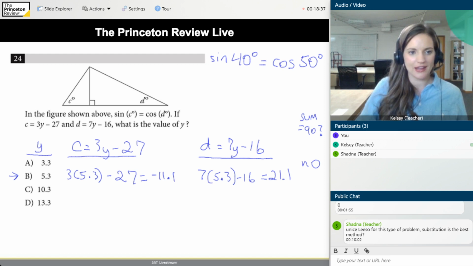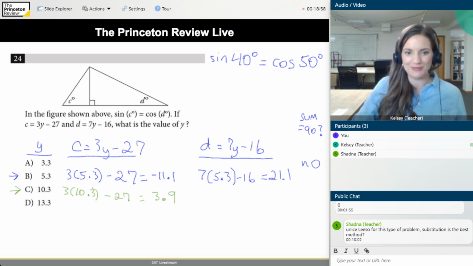So let's try if C is the answer. Exactly the same process, right? We're going to multiply 3 times the value of y, which is 10.3, minus 27. And that's going to give us 3.9. Okay.